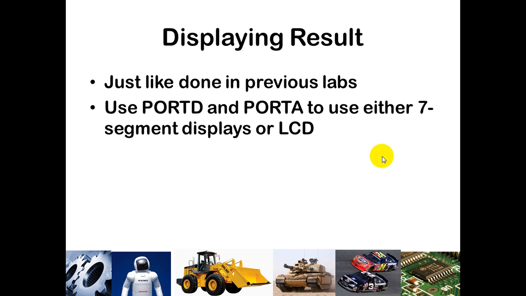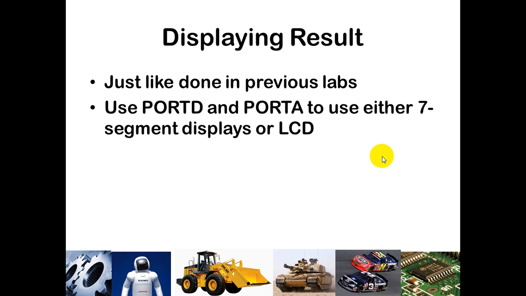So how do you display the result? Well, we've already learned how to send information out to 7-segment displays, and we've learned how to send information out to the LCD. So once you have figured out what you want to display, then you can do the display the normal way that you've learned in previous lectures.